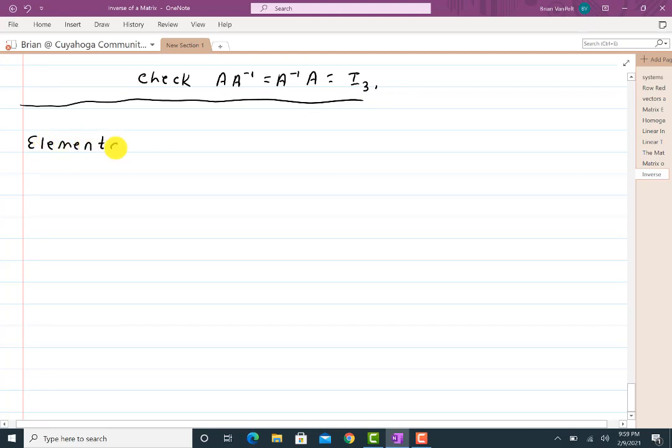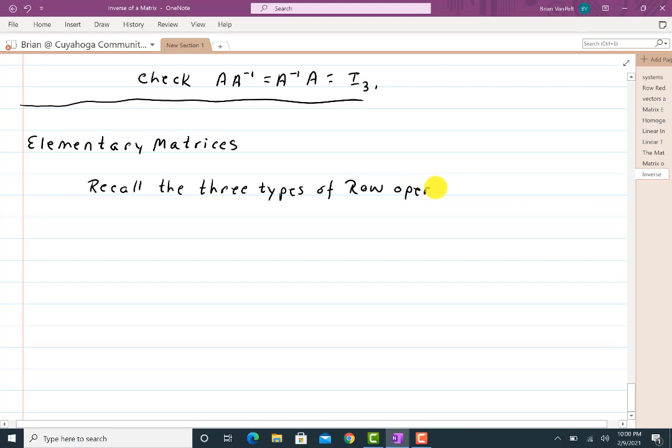Next, let me talk a little bit about elementary matrices. Let's recall our 3 row operations. All right, the first one we had was to swap 2 rows.